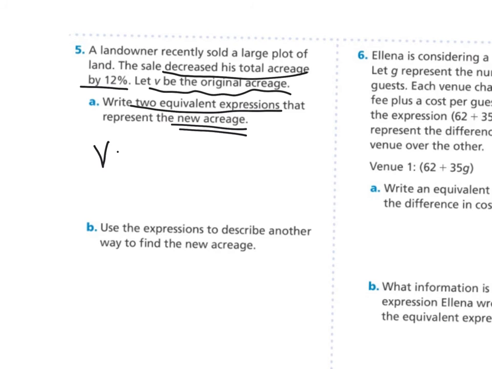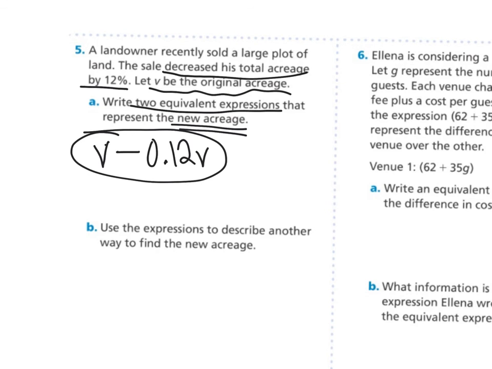So we're subtracting because it's decreasing it. 12% we could write as a decimal, 0.12. Good. So 12/100, and that's 12/100 of our original acreage. So original acreage V minus 12% of V, minus 12/100 times V. That would be one equivalent expression we could do. So that's answer number 1.